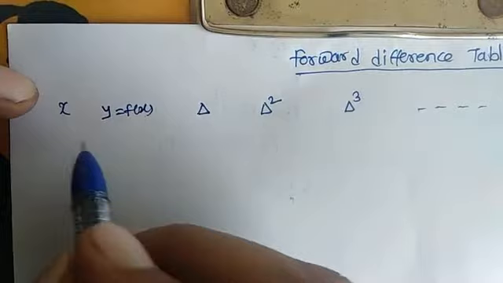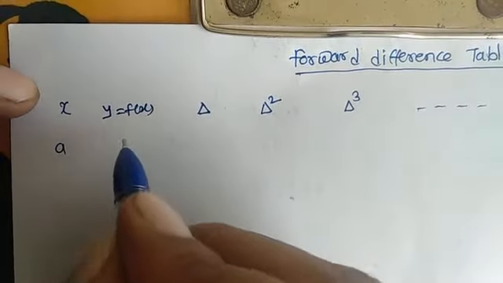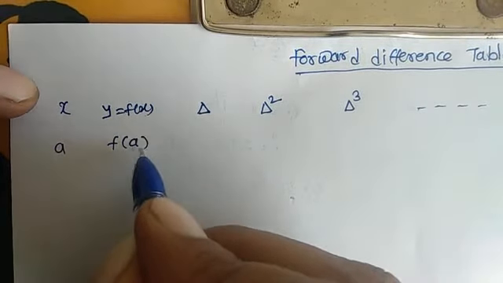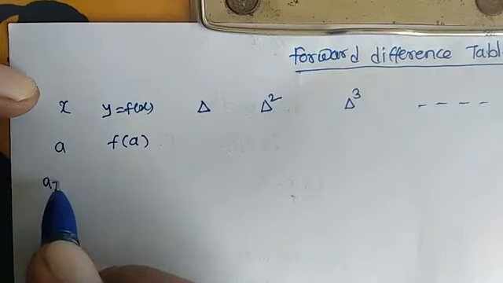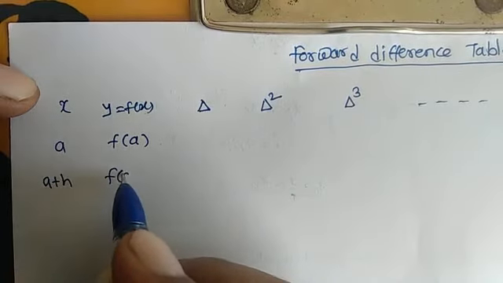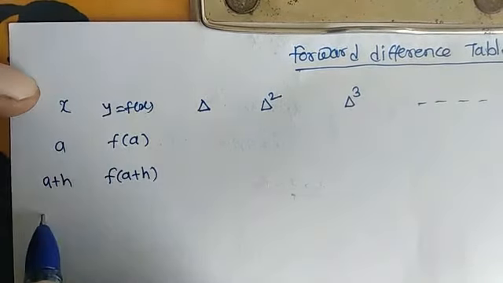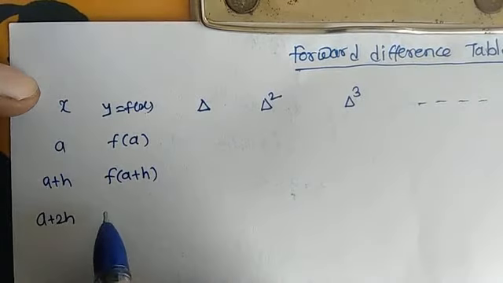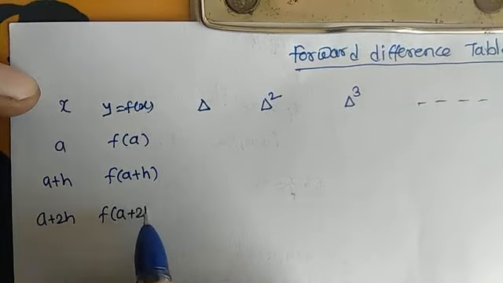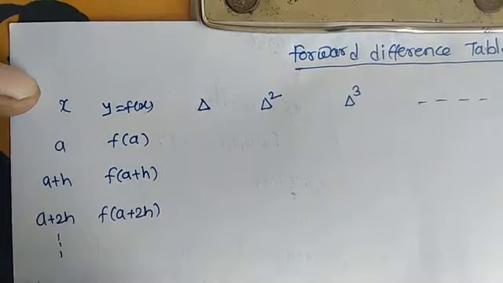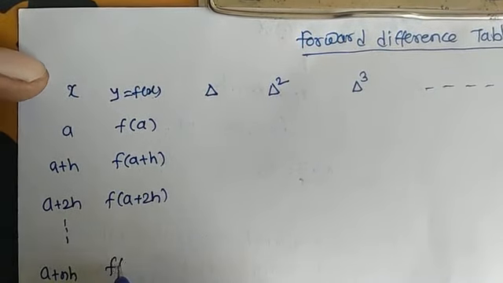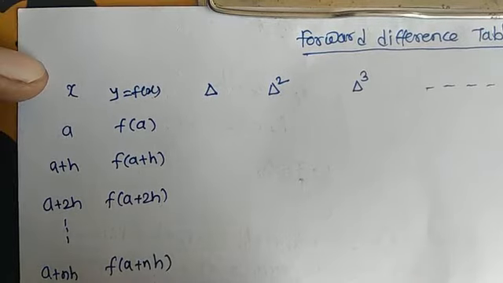So for value of a, our first function is f of a. For a plus h, it is f of a plus h. For a plus 2h, it is f of a plus 2h, and so on up to a plus nh, it will be f of a plus nh.